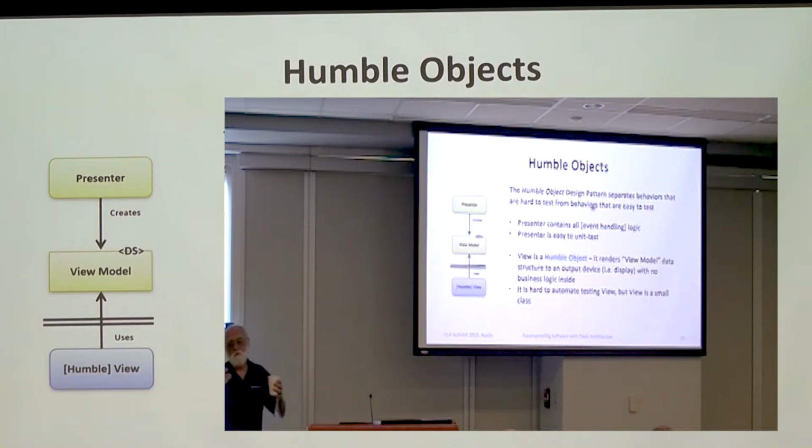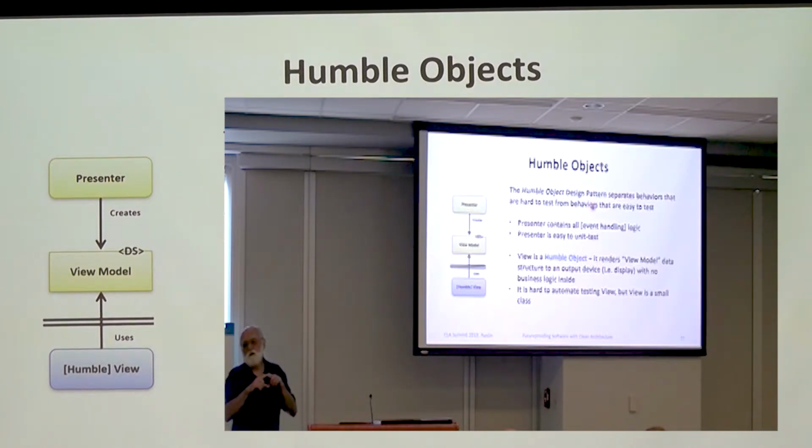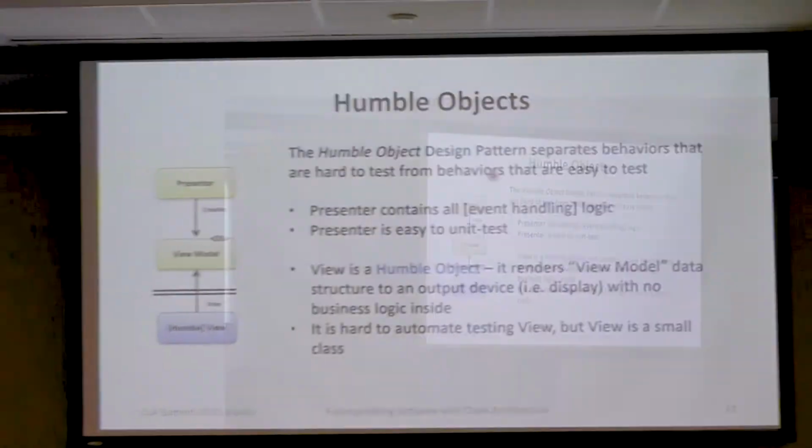And it has some business logic in it, the UI workflow, how the UI flows. So what you do, you separate your UI component into two components. One is the presenter that does not render the interface, but implements all the business logic. And it is easy to automate unit testing it, because you don't have a UI that you need to second guess what is going on.